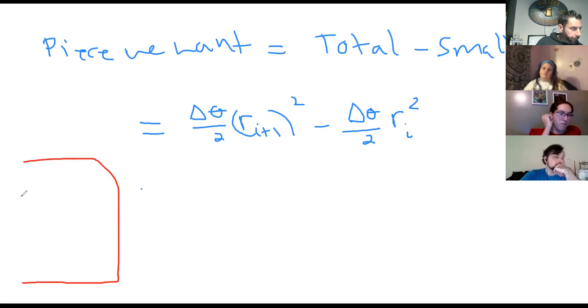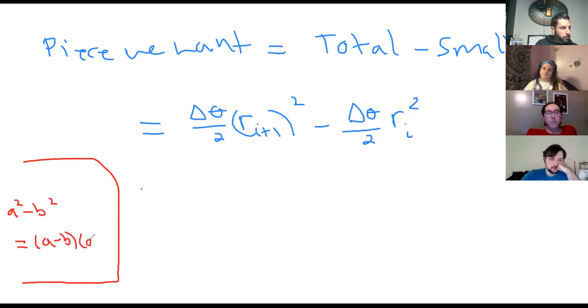If I have, say, a squared minus b squared, I can always write this as a minus b times a plus b. That's a difference of squares, right? So I want to apply that to the r sub i plus 1 squared and the r sub i squared.